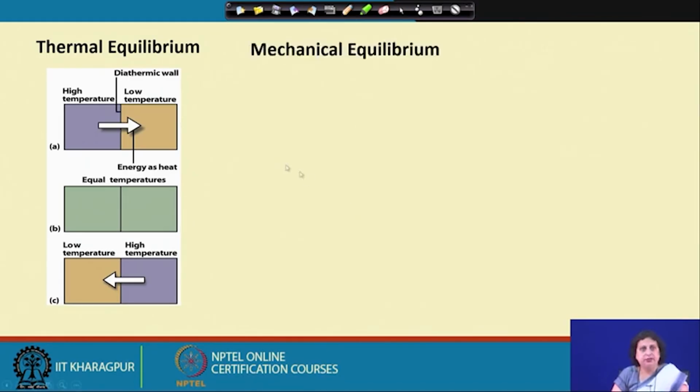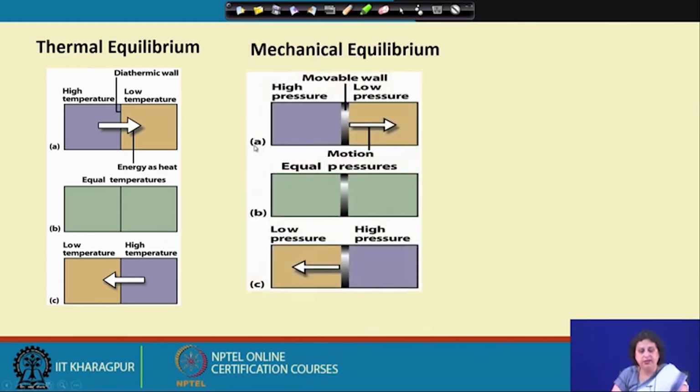The next scenario that I will highlight is when the system is separated from its surrounding by a movable wall. If there is a high pressure in the system and a low pressure in the surrounding, then this wall will spontaneously move in this direction.